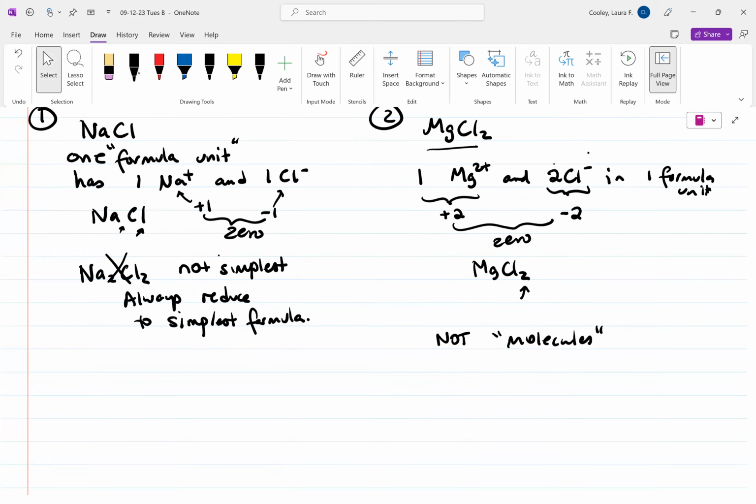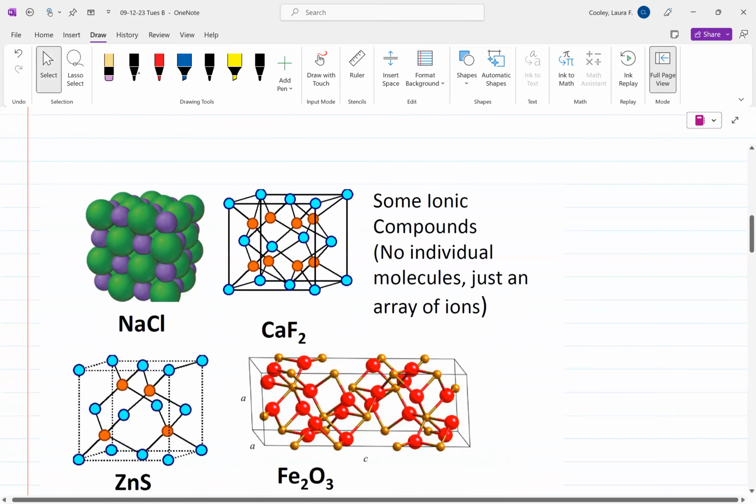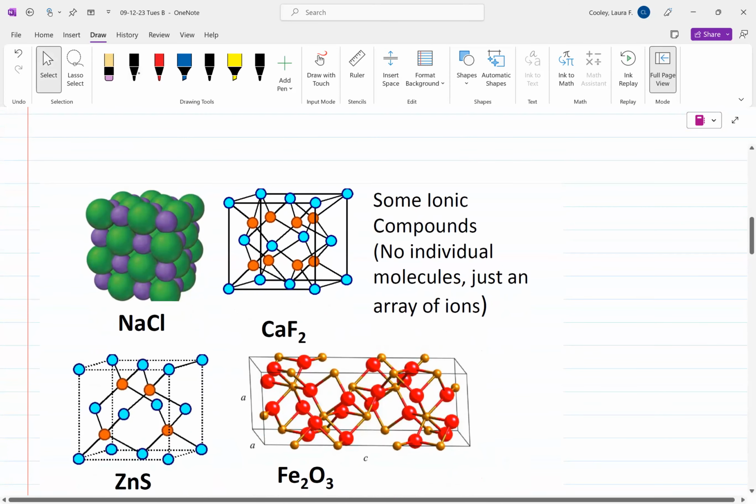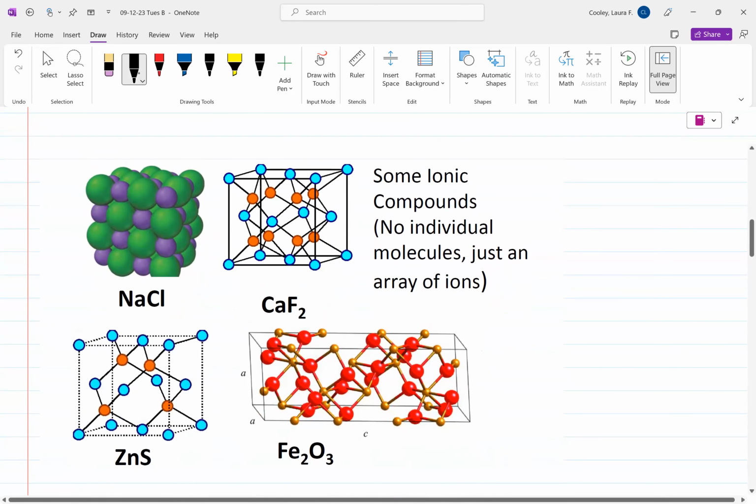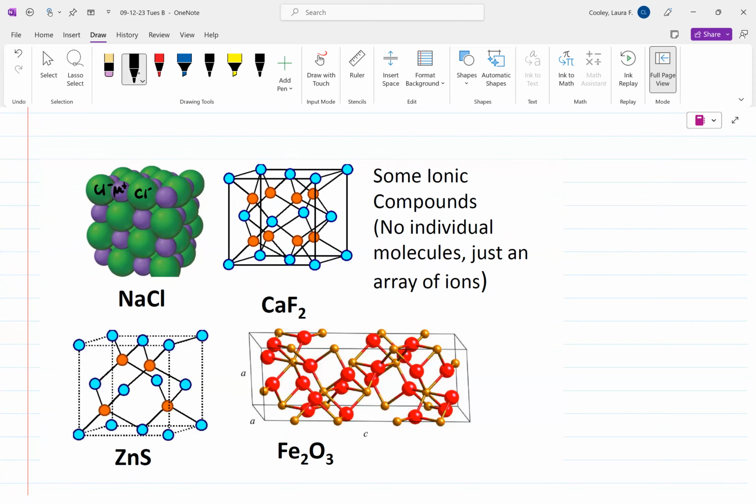When you have a molecule, you have actual clusters of atoms that are always together in a sample. In a sample of NaCl, you simply have Cl minus, Na plus, and it's just a continuous array. Here you have another compound, CaF2, presumably the blue ones are the fluorines, but it just goes on continuously. There isn't a clump of CaF2 and then another clump. It doesn't exist that way.